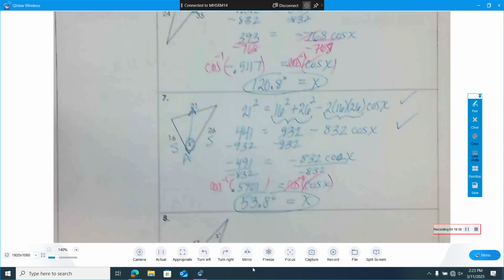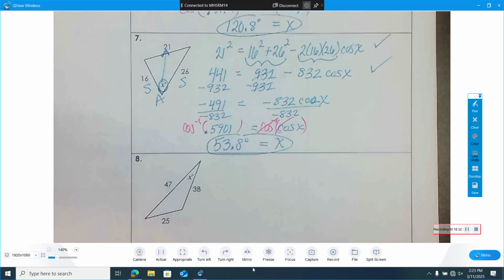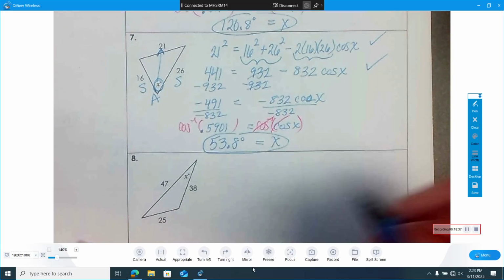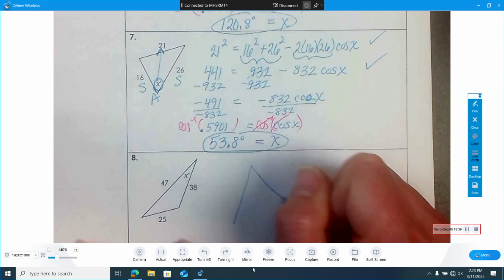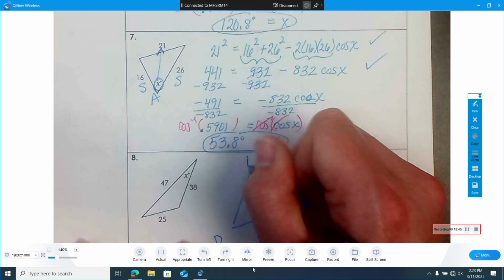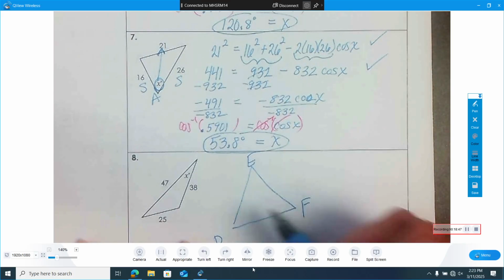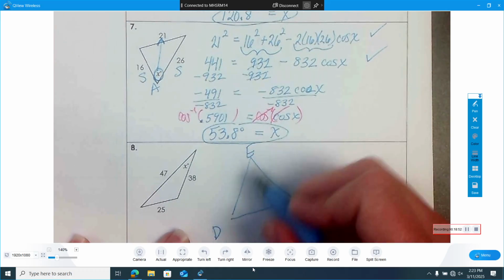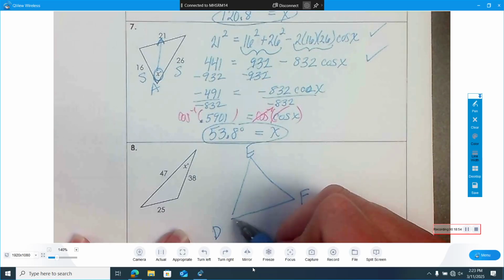I do also want to remind you, on Delta Math, they're not going to give you the triangle. So you are going to have to draw your own triangle, and that is really important. So as a reminder, if I have triangle DEF, the way triangles are named, the capital letters are the vertices, the lowercase letters are the opposite sides.